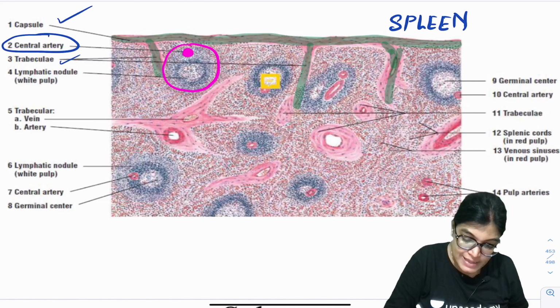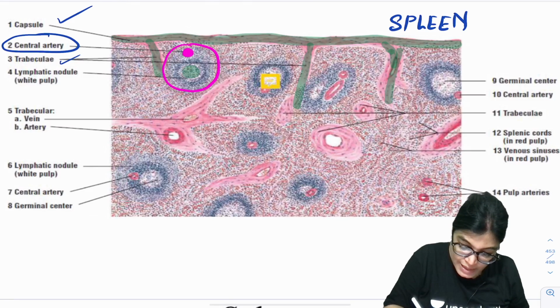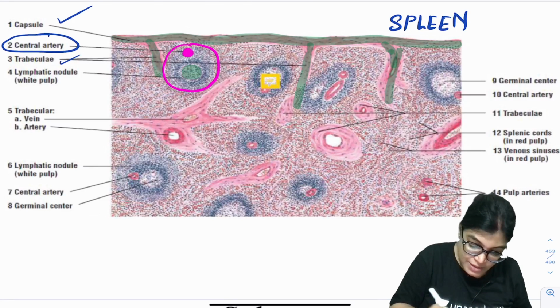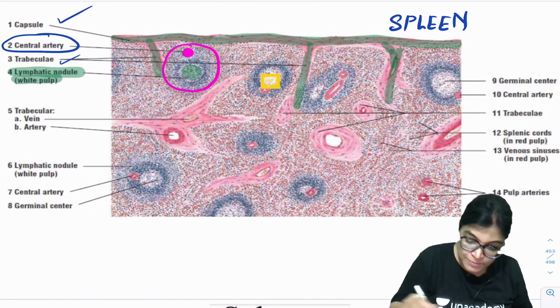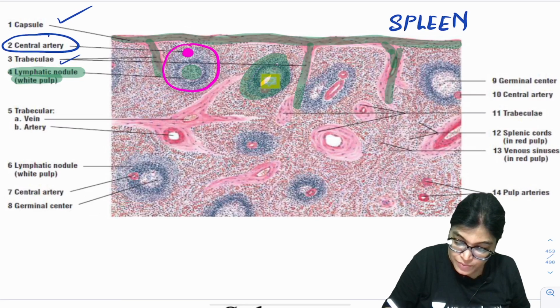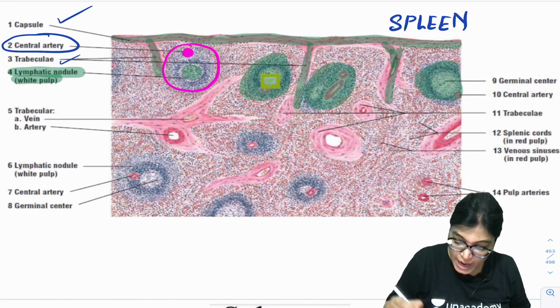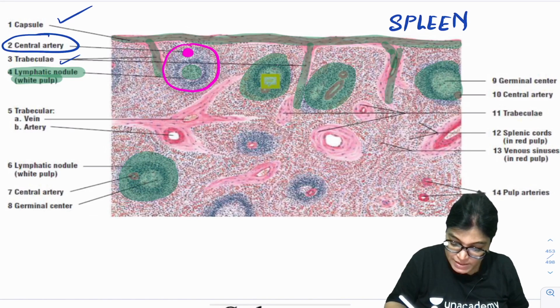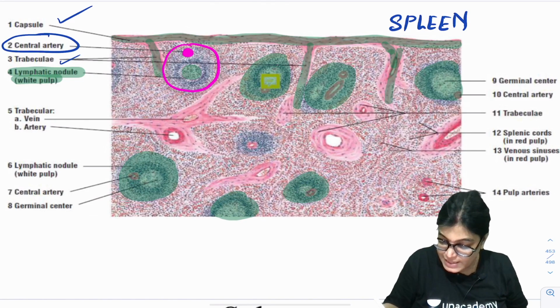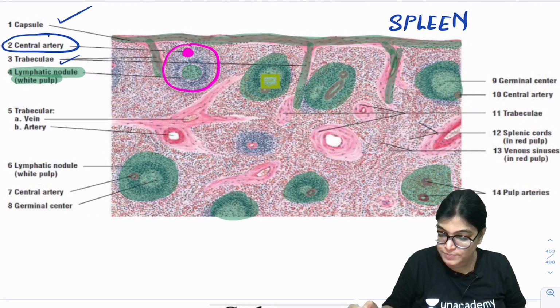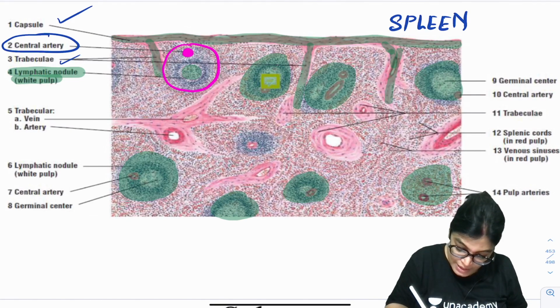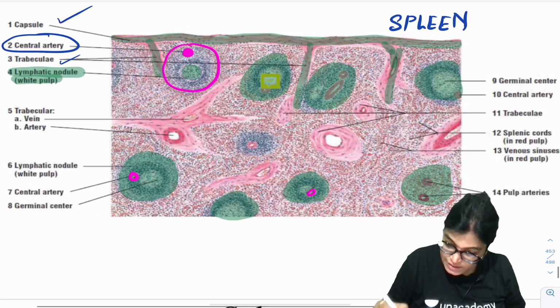It is not lying exactly in the center, and there is a lighter stained germinal center, and this is a lymphatic nodule, white pulp. You can see here so many lymphatic nodules are there. This is one, this is one, this is one, and in all the lymphatic nodules, the basic point to be appreciated is the eccentric location of the central artery.